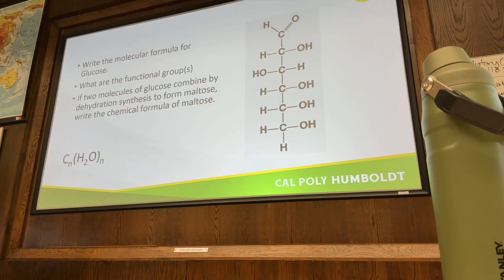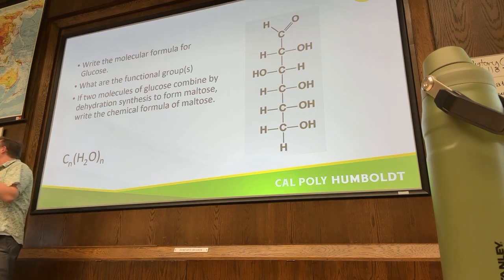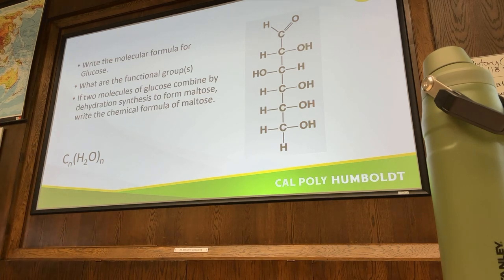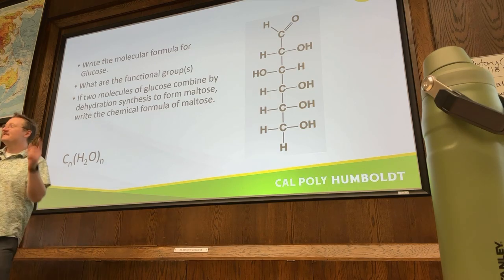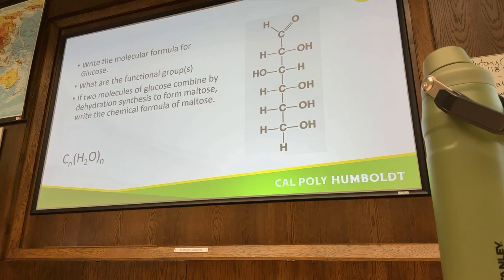We're back discussing carbohydrates. How nice is that? All right, glucose. What's the structural formula for it? There are 6 carbons, 12 hydrogens, and 6 oxygens: C6H12O6. If you joined 2 molecules of glucose via dehydration synthesis to make maltose, what would the formula be for maltose?